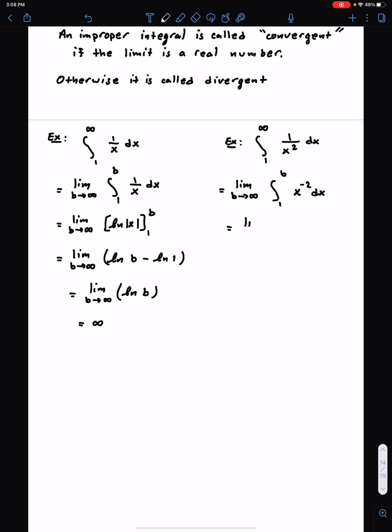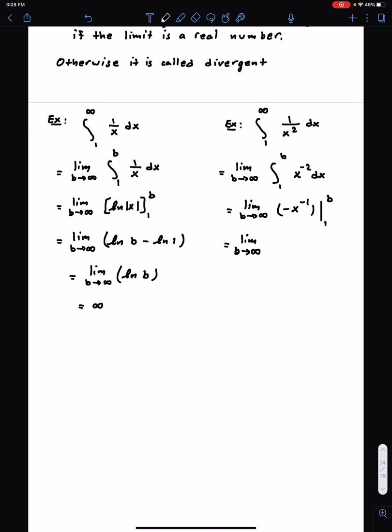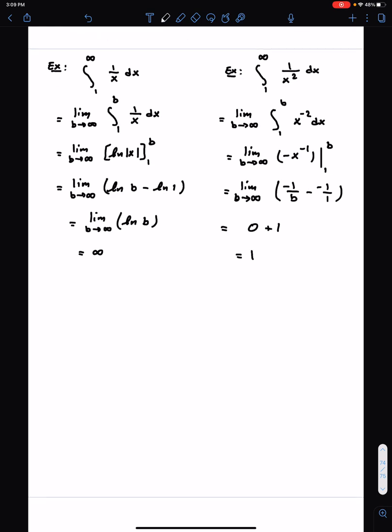So this is equal to the limit as b approaches infinity of negative x to the negative 1, evaluated at 1 and b, which is the limit as b approaches infinity of negative 1 over b minus a negative 1 over 1. So 0 plus 1, or 1. So this integral converges to 1.